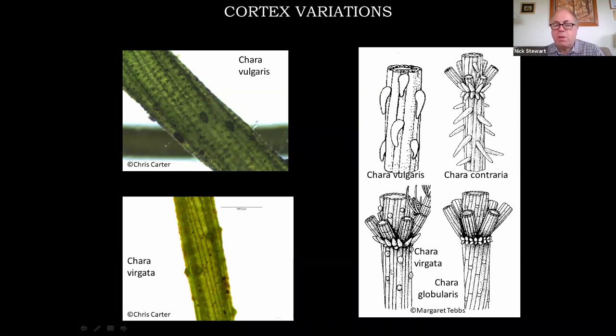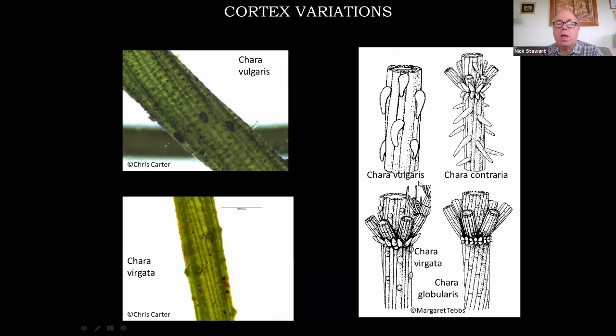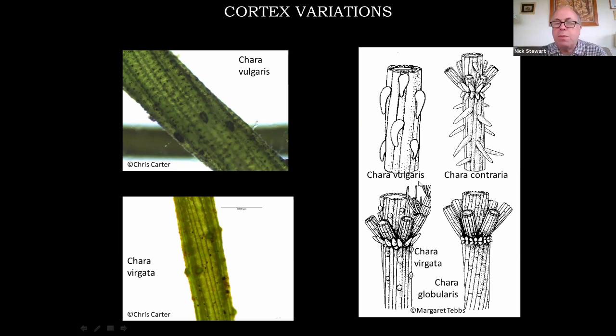So this is a sort of triple cortex, and this is a double cortex, and you will come across some rather jargon terms. The technical description of this is triplosticus, and diplosticus for this double cortex. But I prefer to use double cortex, it's much more understandable.